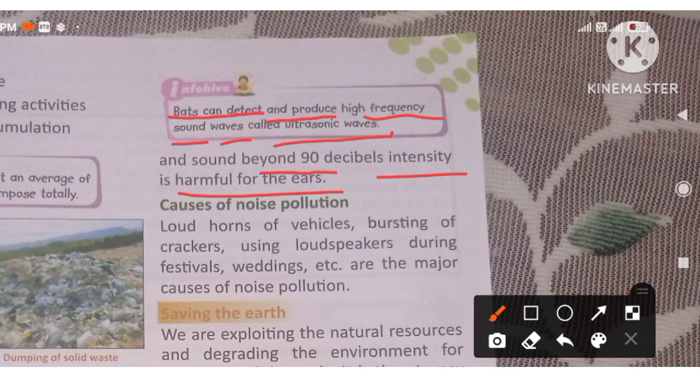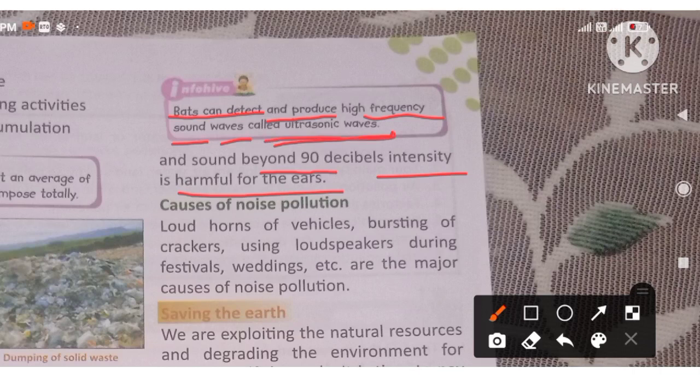And we can hear a minimum of 20 decibel. And the bat is an animal, a mammal, that walks only at night. How does it detect obstacles in its way? It detects them by producing high frequency sound waves called ultrasonic waves.